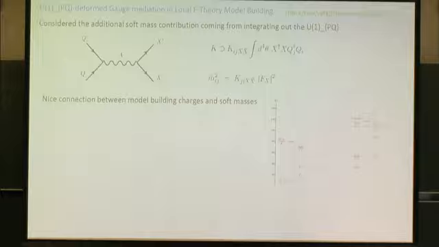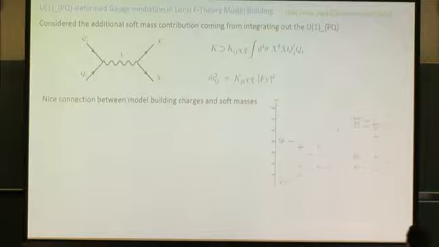And again, this is a nice connection, I think, between model building properties and the soft terms, because the charge of these fields under this U1 will determine the size of this soft term. So here is again some soft term spectrum, which I will not explain in detail.